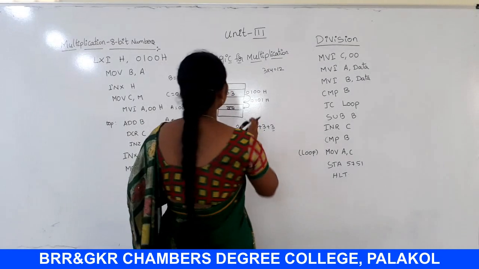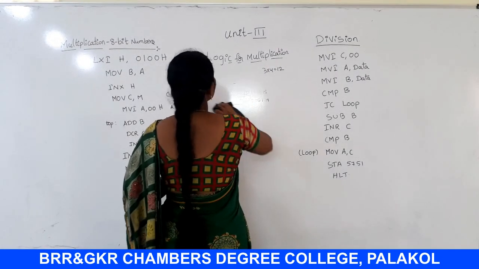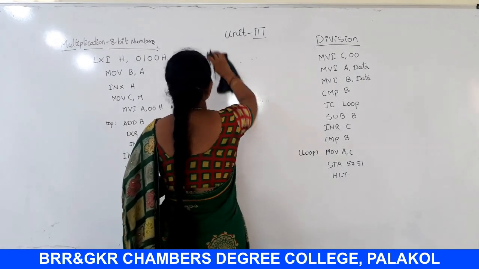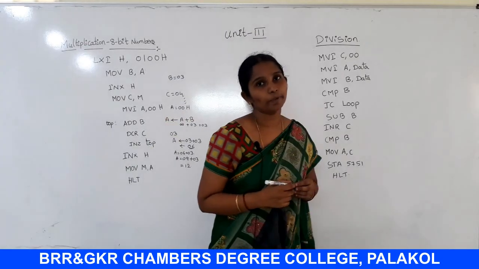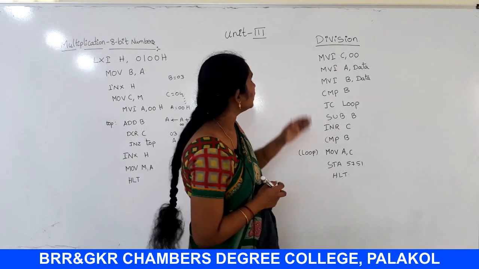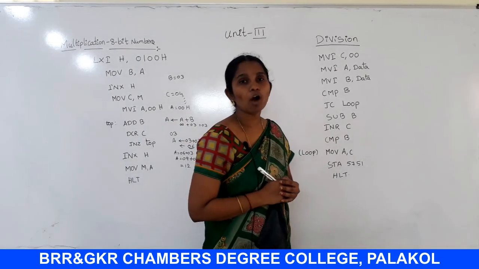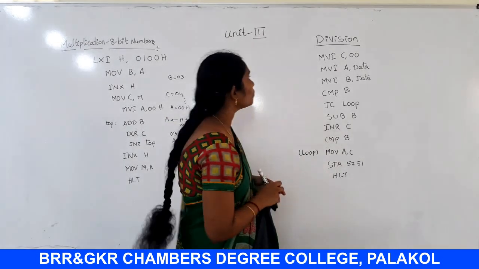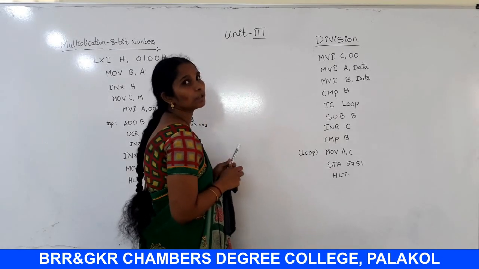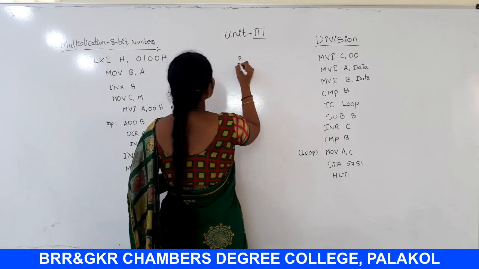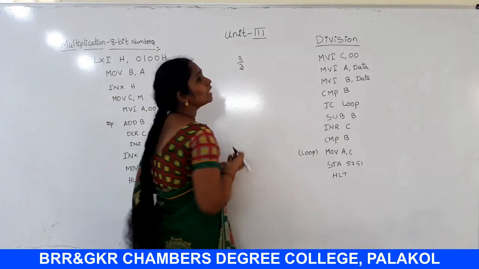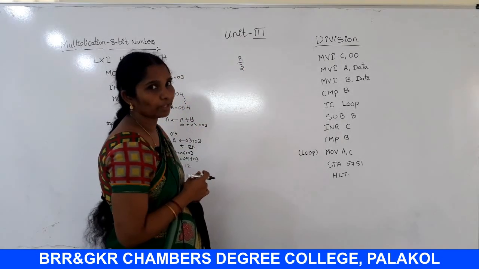So in this division also there is no specific instruction to perform the division operation. Therefore in this division operation also we have to implement the logic. So what is the logic for this? For example, I consider a number, that is 8 by 3. That is nothing but the division operation.